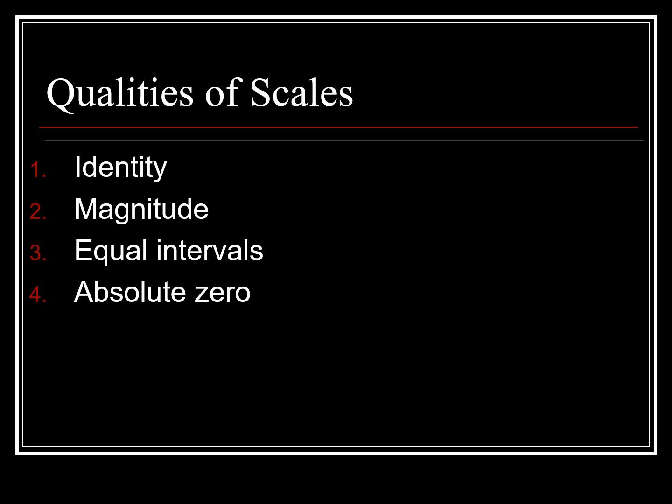So when we're looking at scales, we have 4 questions to ask, and these are ipsative. In other words, as you go up this scale, you're going to include all the previous categories. So the first type of scale only has identity. It's a categorical scale. All it has is identity. The next level is to add magnitude.